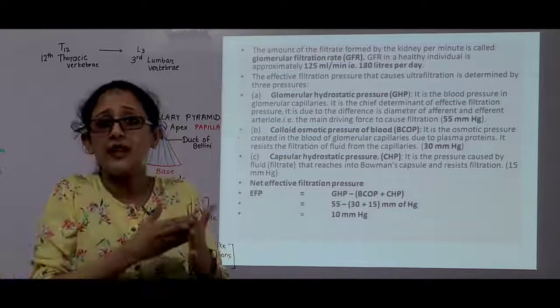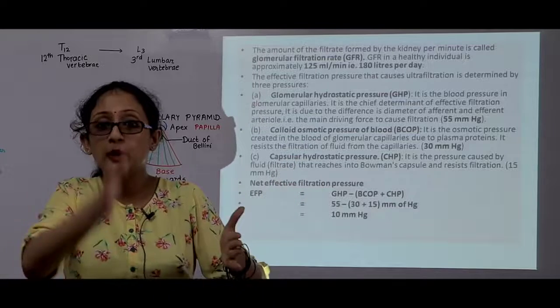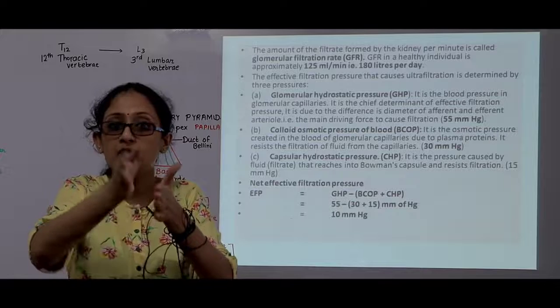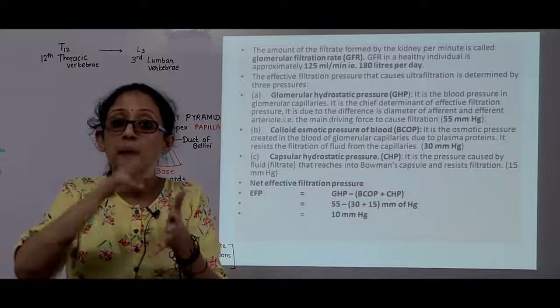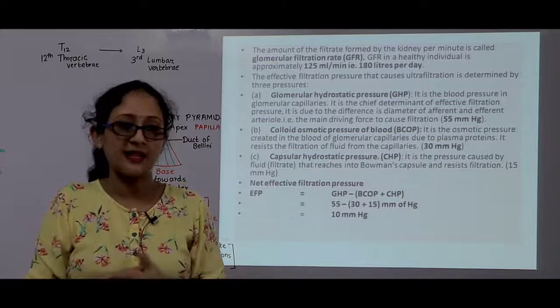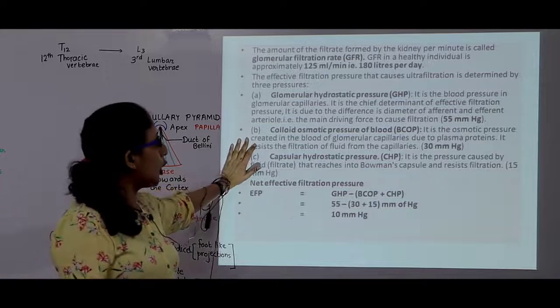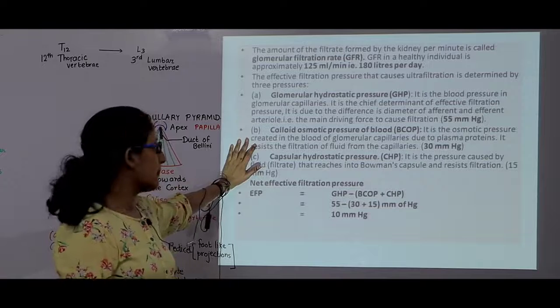So like that you have to understand, plasma wants to go, plasma wants to be filtered out, but plasma protein is like that child holding on to the mother. Plasma protein is not allowing the separation between the plasma protein and the plasma because of the affinity, because of the forces of attraction between the plasma proteins and plasma. So that is the blood colloidal osmotic pressure.